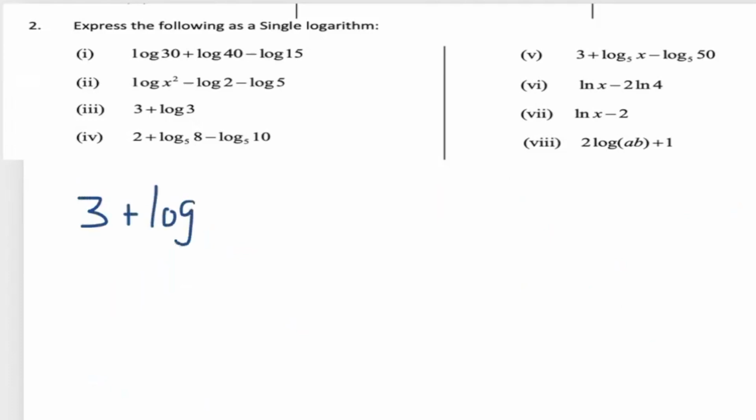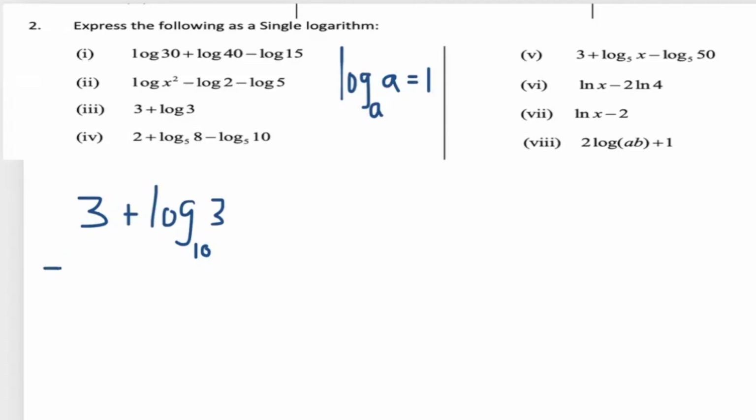Now the next one I have is 3 plus log 3. It's different. So first we need to know, how can I rewrite 3? Based on the base being 10, that helps us to know what to change 3 in terms of. Please note the rule that says if these are the same, then the value is 1. So since this is base 10, I am going to rewrite this in terms of base 10.